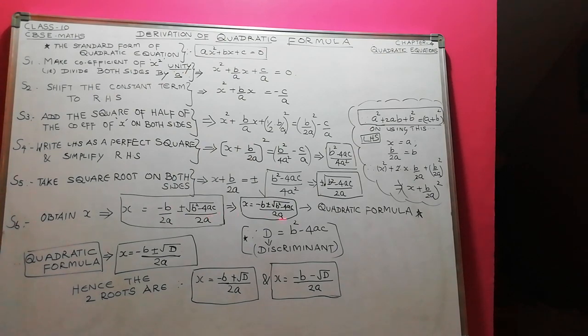So let us take the common denominator and you can write x equal to minus b plus or minus square root of b squared minus 4ac by 2a, which is the required quadratic formula. Thus, through the method of completing the square, we have arrived at the quadratic formula for solving a quadratic equation.